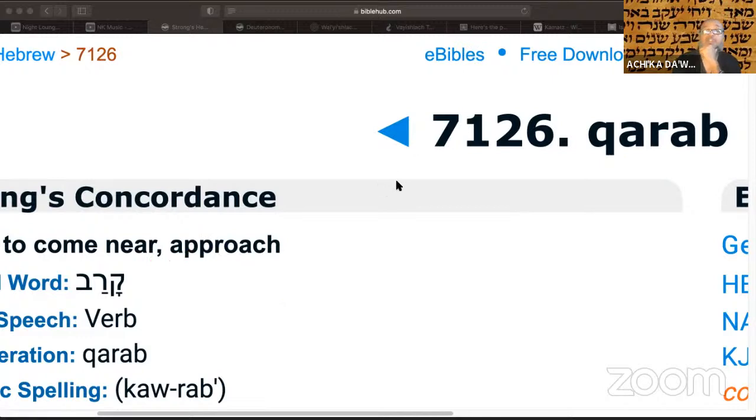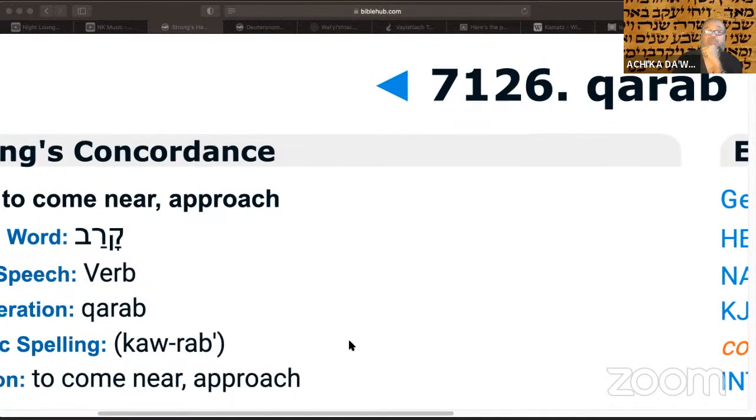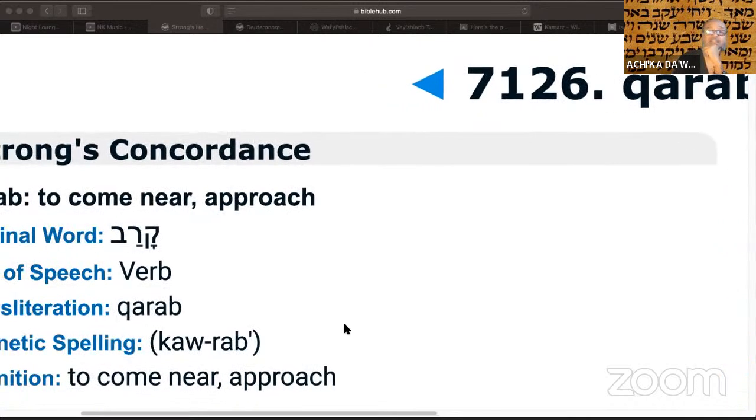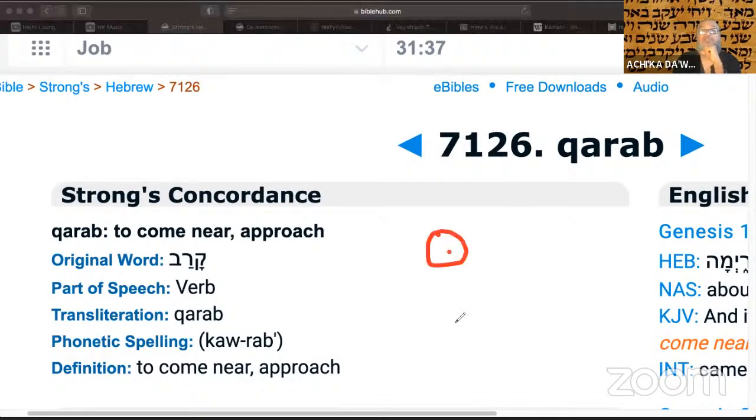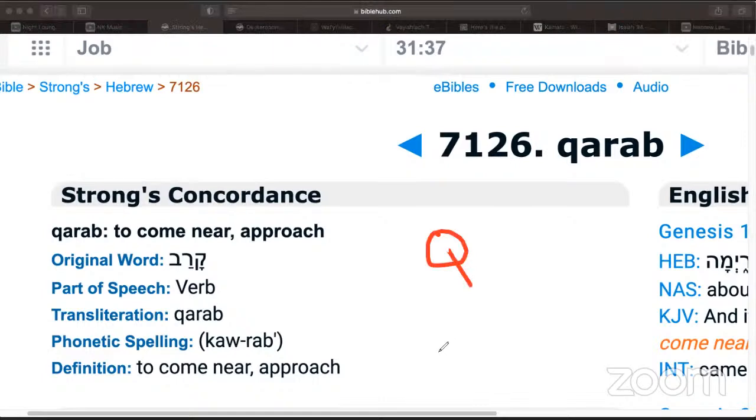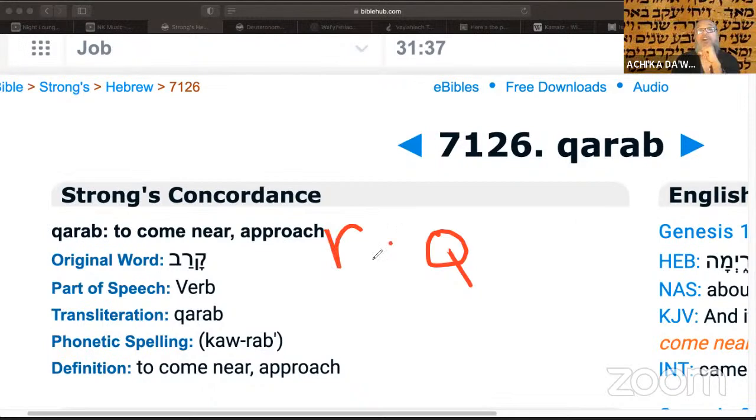I want you to also pick up on how the Westerners have turned this spelling into a K. You see how they call it ka, rav? It's not ka. How do you make a Q sound? Qa. If it's on the end of something, like if it's RAQ, you would make a K sound at that point.